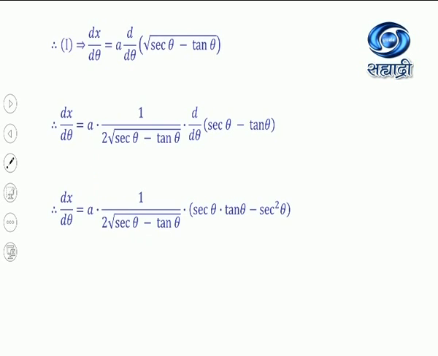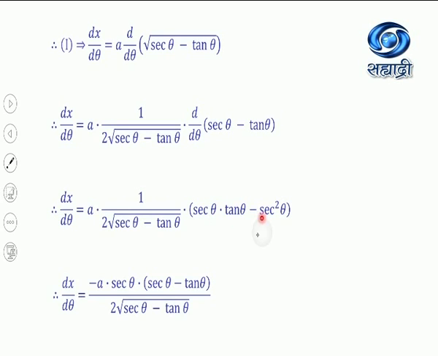First term remains the same, there is no change. And now sec theta is common, but we take the minus sign with the sec theta. So minus sec theta is common. We write a into minus sec theta, that is minus a into sec theta. In the bracket we write sec theta minus tan theta.